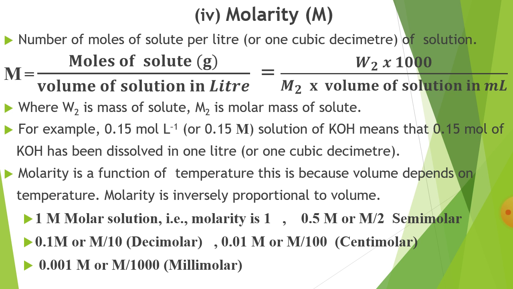Centimolar is M by 100, or 0.01 capital M, like that millimolar is M by 1000, or 0.001 capital M. So these you have to know. Also for molarity, in place of molar, in molality you can use molal.